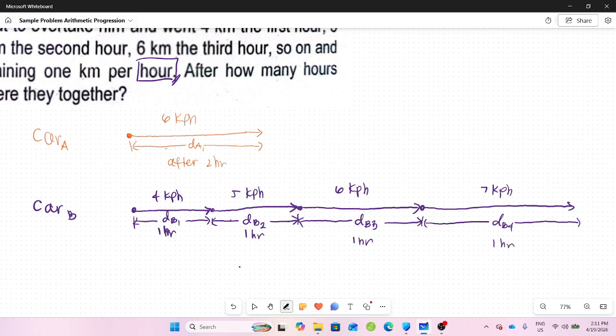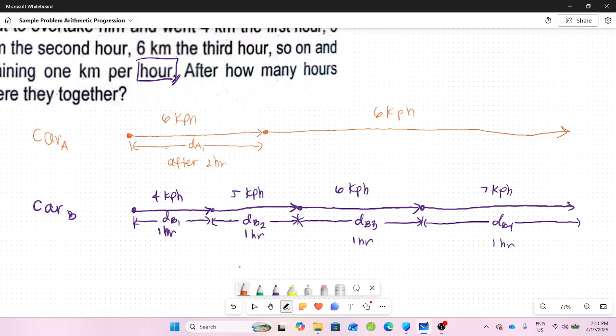On the other hand, car A will just continuously move along a straight line at a constant speed of 6 kilometers per hour.